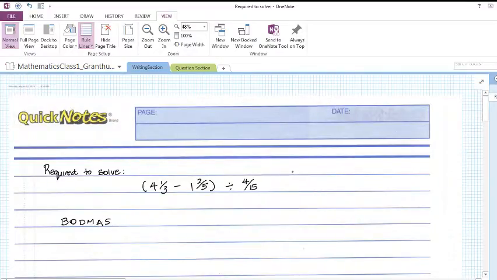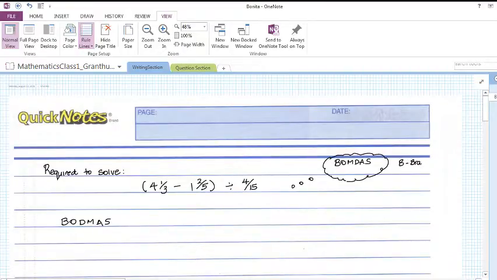Now I would like to suggest not BODMAS but BOMDAS. This will not be in your exam paper, but in your mind you have BOMDAS. They're both the same thing, but writing BODMAS is a little confusing.